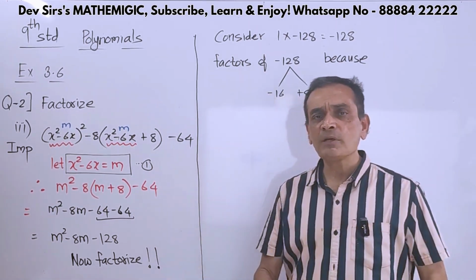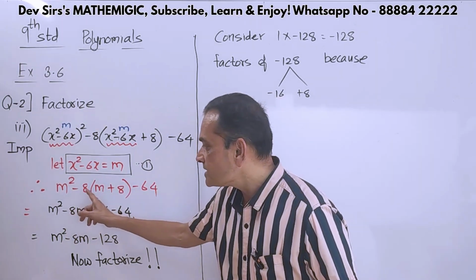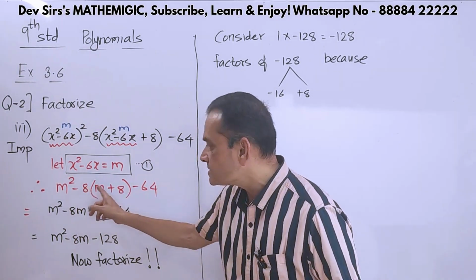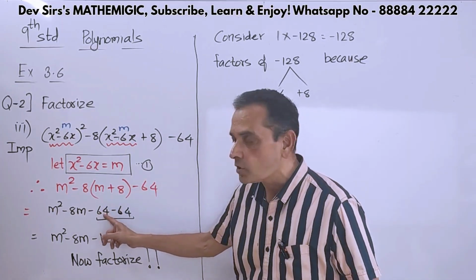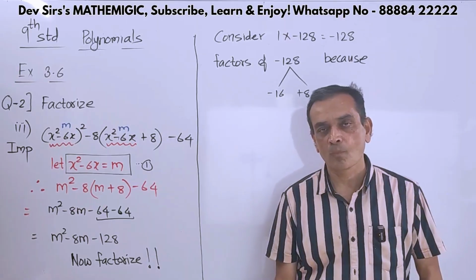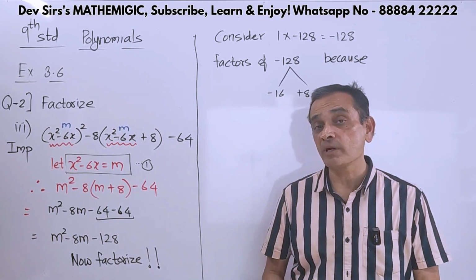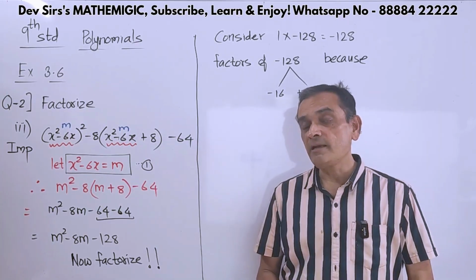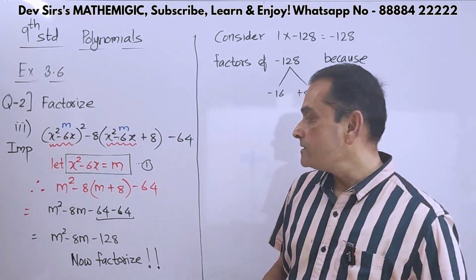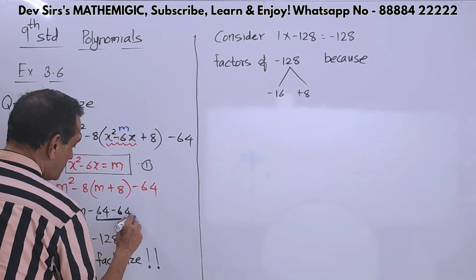So let us open up the brackets. M squared minus 8m minus 8 into plus 8 is minus into plus is minus 64. And this minus 64 is already there. तो उसको कुछ करना नहीं है. Brackets open up किया. अभी brackets open up करने के बाद then you are allowed to add these two terms. Minus 64, minus 64.